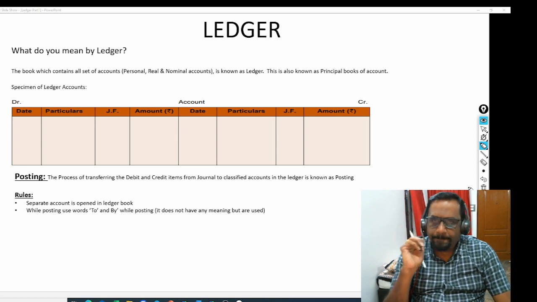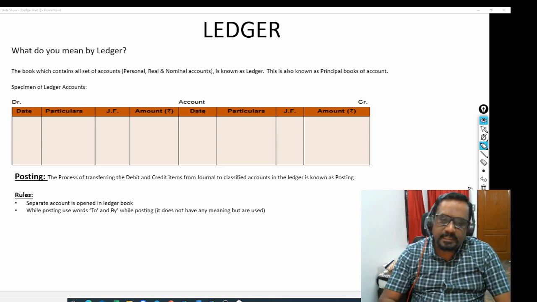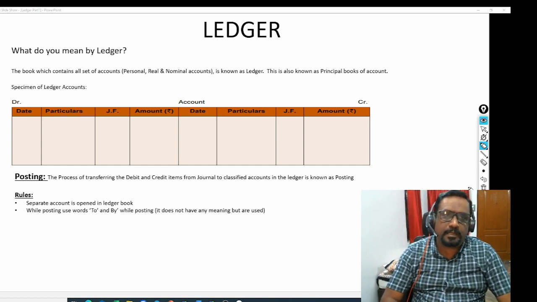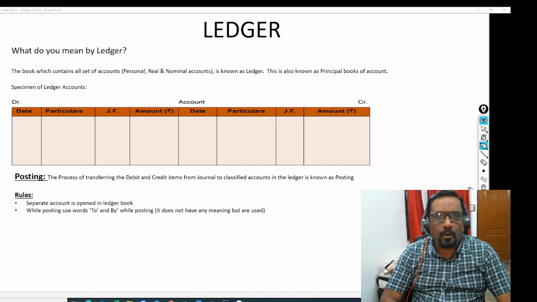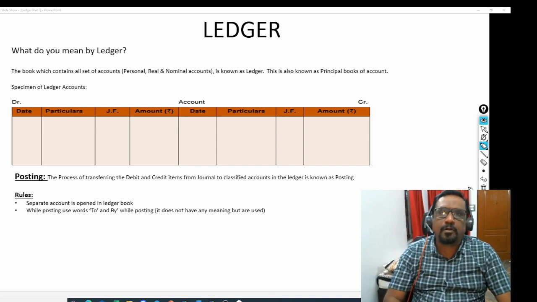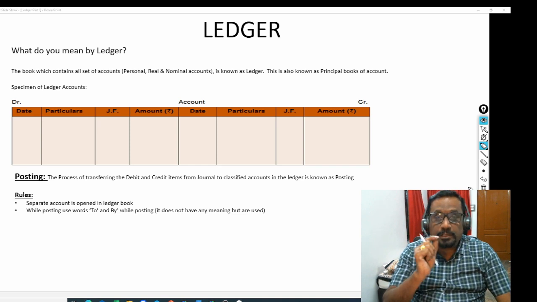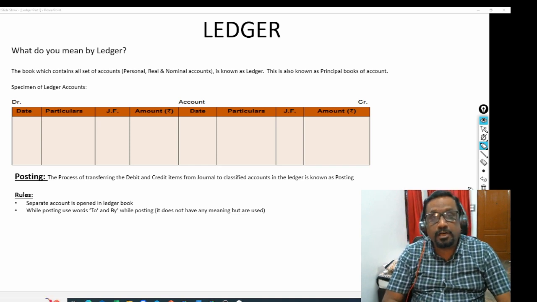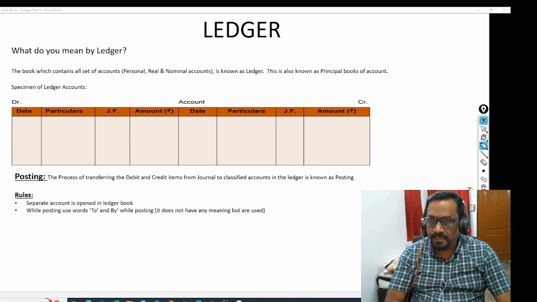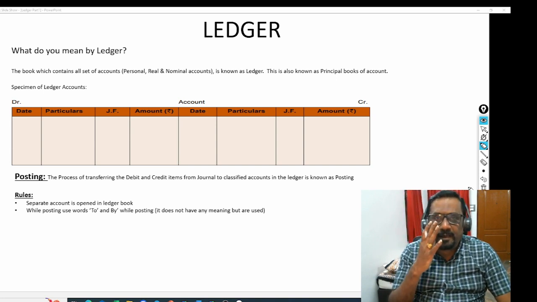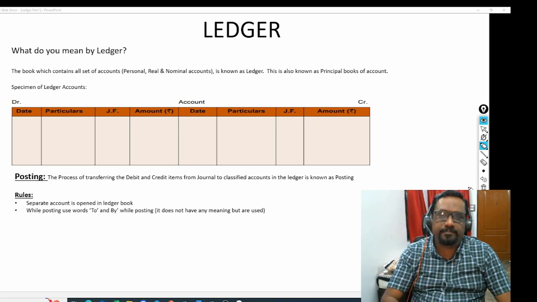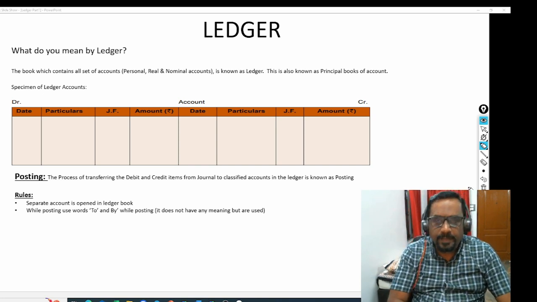Am I right? So all these transactions, as and when they happen, are first recorded in a book called the journal book. That is the reason we call the journal book a day book or book of first entry. That is where the first record of a transaction is made.